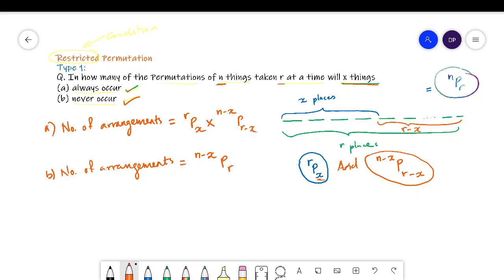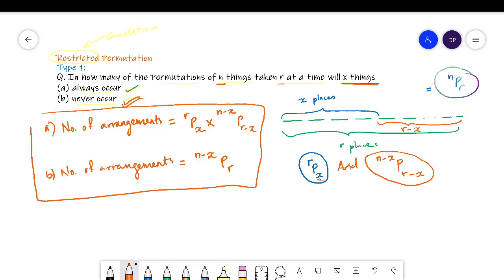For the second restriction, this is the total number of permutations, (n minus x)Pr. Hope it is clear. This is the concept behind the arrangement of n things taken r at a time when x things always occur and x things never occur.